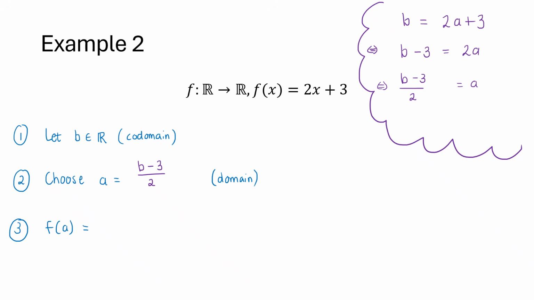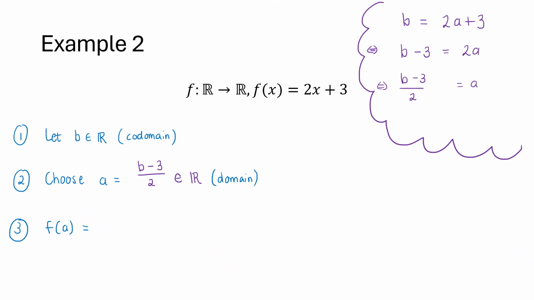So if B is a real number, B minus 3 would still be real, and we are dividing by 2. So that is still ultimately a real number. We have to confirm this. This choice of A is indeed in R, and R is our domain.